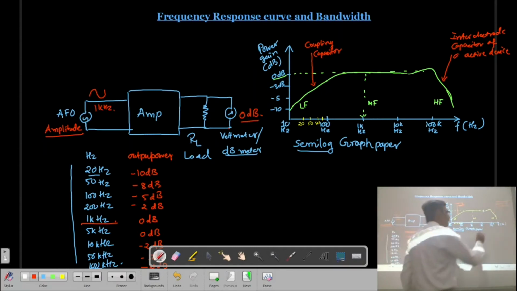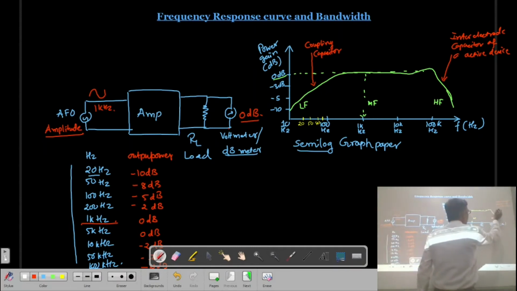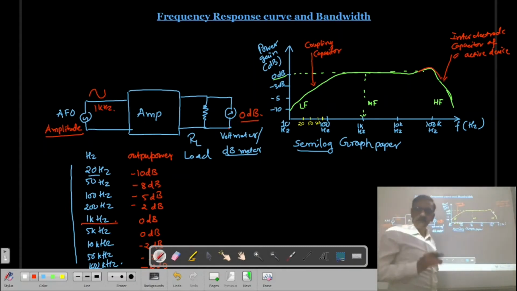In some of the amplifiers, you will find this kind of peak. Here at a high frequency, we have this kind of peak. It means that suddenly the gain of the amplifier is increasing, and that you will find normally in a transformer coupled amplifier.